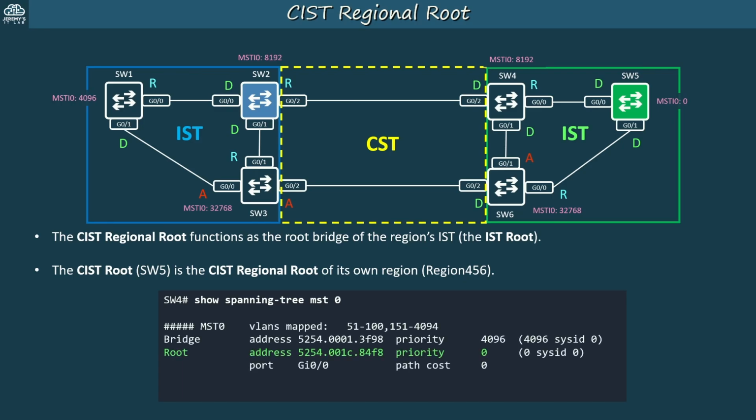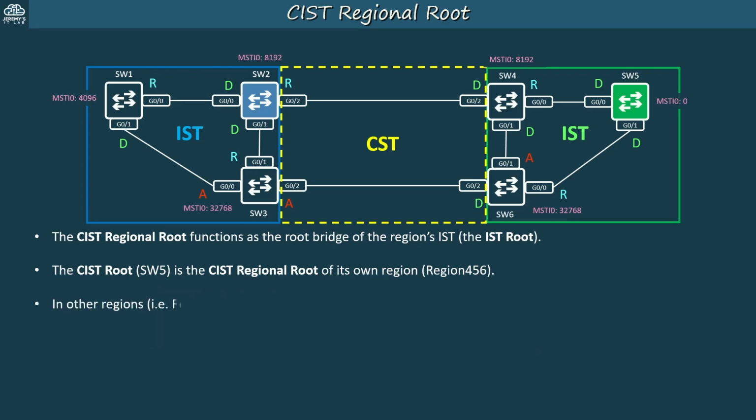The root has a MAC address ending in 84F8 and priority 0. And same for the regional root, MAC ending in 84F8 and priority 0. Both of these are switch 5. Switch 5 is the CIST root of this whole LAN, making it the CIST regional root of Region 456, and therefore it functions as the root bridge of Region 456's IST.